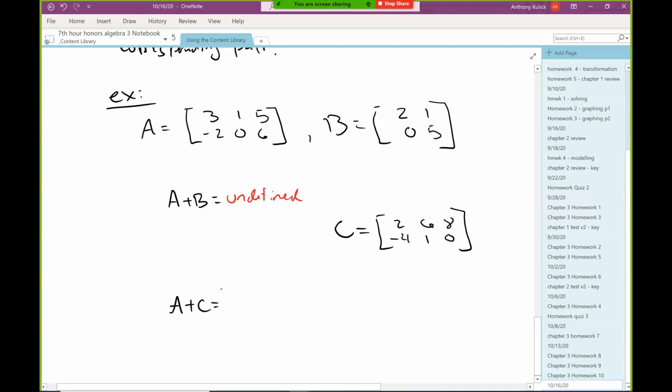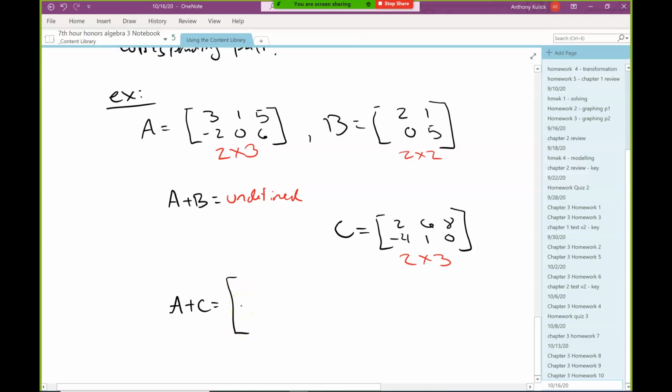This pair, though, A plus C, can be added together, right? What's the dimension on A? It's a 2 by 3. The dimension on C is also 2 by 3, as opposed to B, which was a 2 by 2, right? So A plus C we can add together.